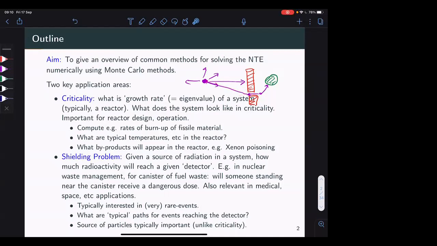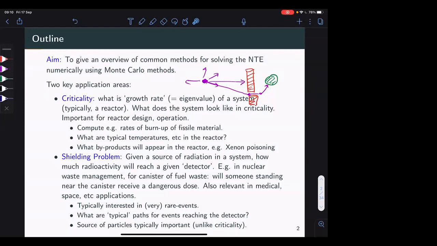Typically, if I just sample my paths randomly in some of these rare event problems, I may not get any or many particles coming to the detector. So estimating the flux, how many particles get from here to here, might be quite hard by standard simulation techniques.